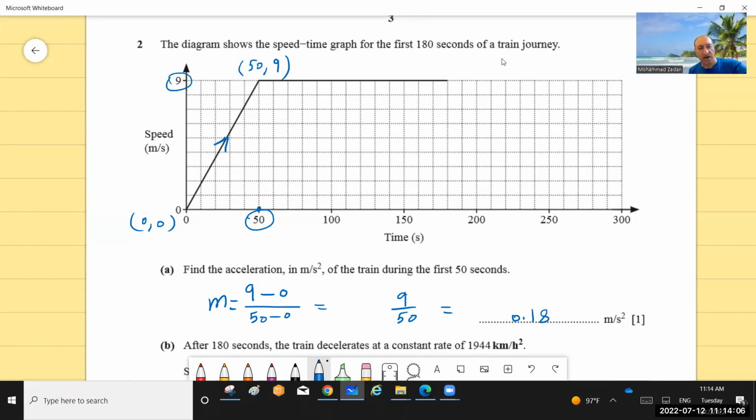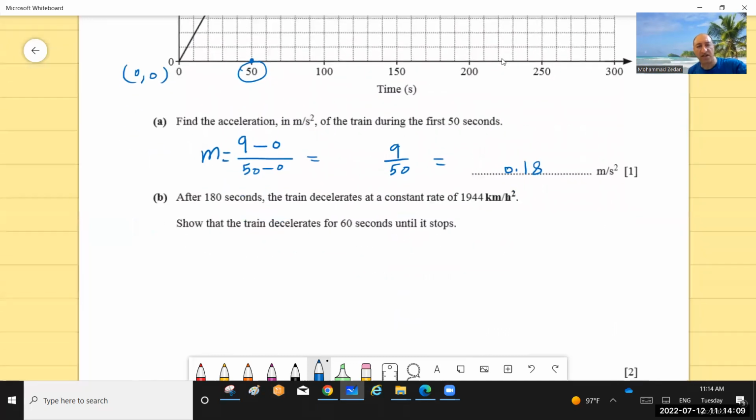Okay, after 180 seconds, the train decelerates at a constant 1944 kilometers per hour squared. Show that the train decelerates for 60 seconds until it stops. First of all, you have to change this unit to meters per second squared. Just write it like this, 1944 kilometers over 1 hour squared. To convert the kilometers, just multiply by 1944 times 1000 because each 1 kilometer is 1000 meters.